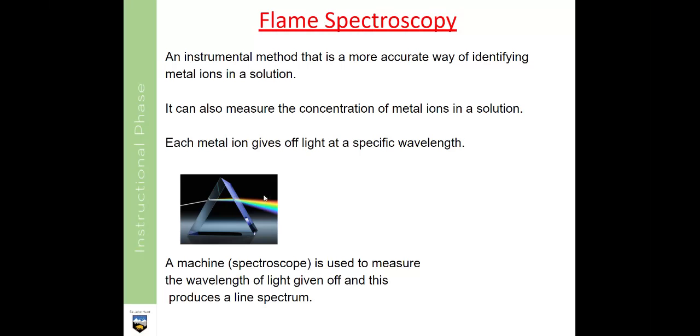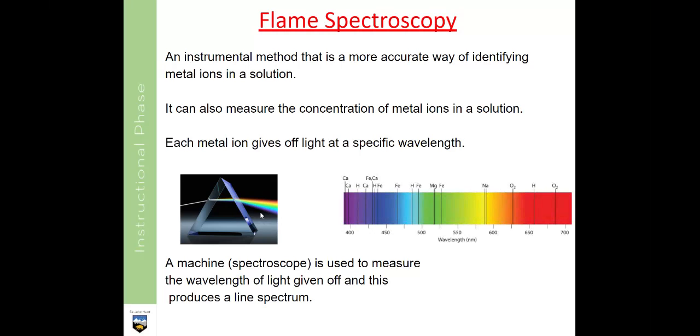Each metal ion will give off light at a specific wavelength. So if we look at the different metal ions, you can see where they give off light at what wavelength within the visible light spectrum.